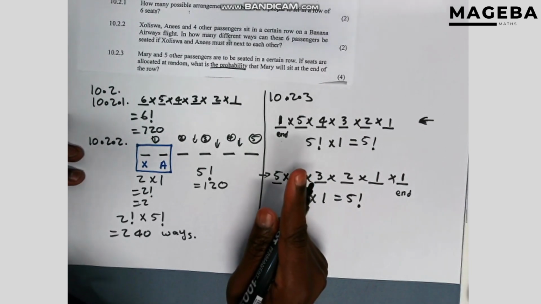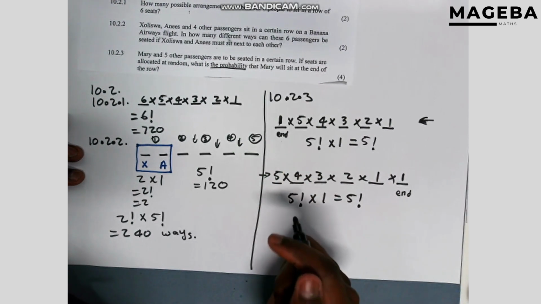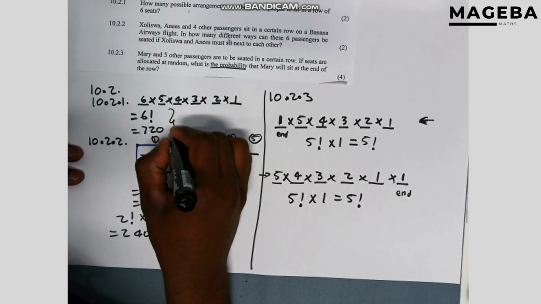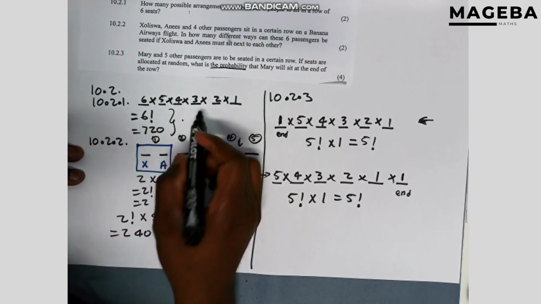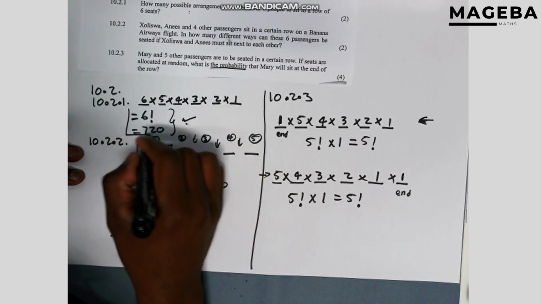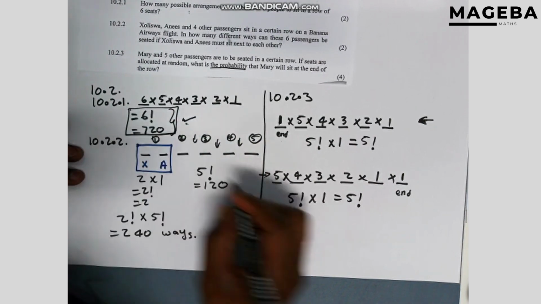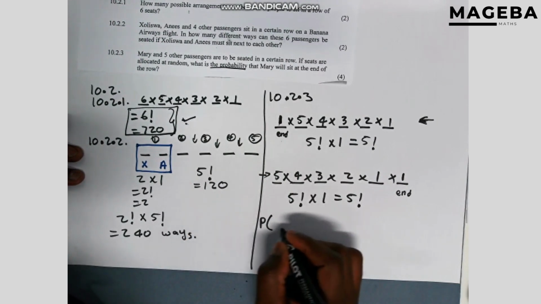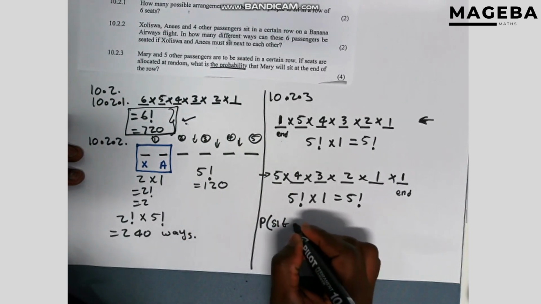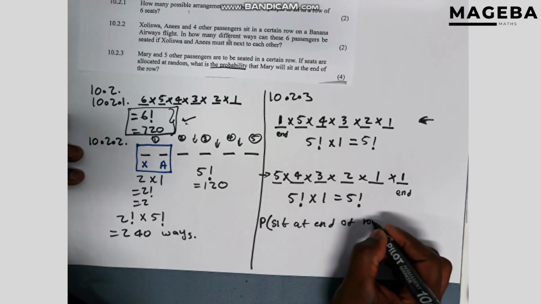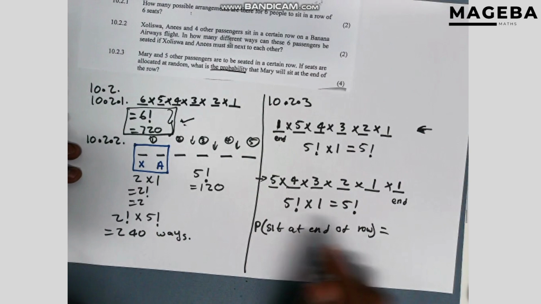Now remember, we are looking for a probability. First, we found the arrangement of the 6 seats, and we need to use it to find the probability of Mary sitting at the end of a row.